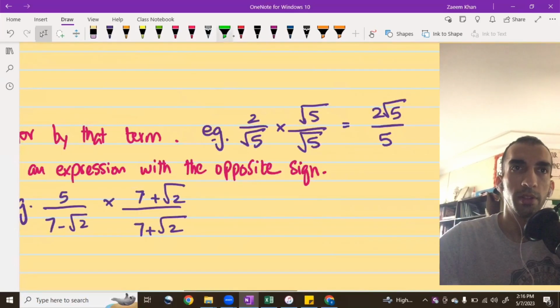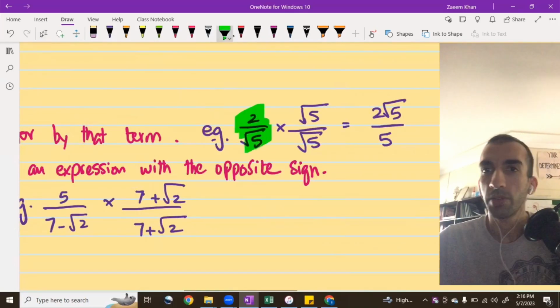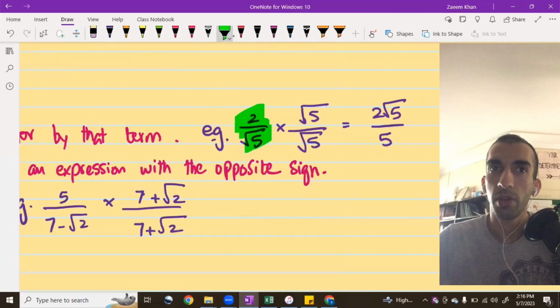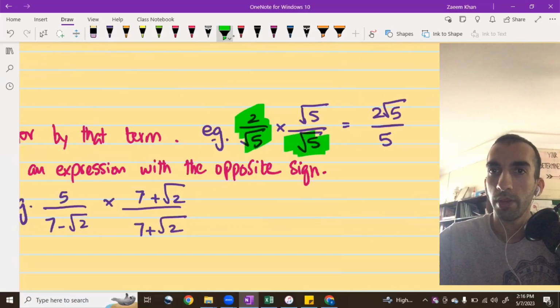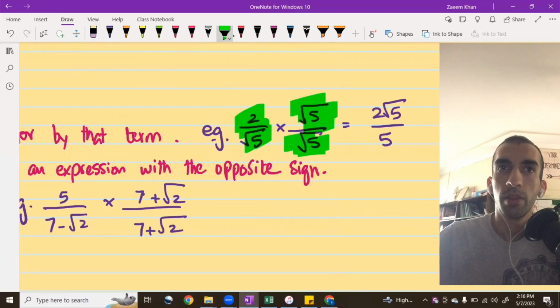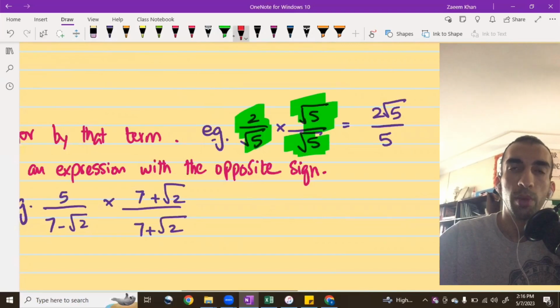So, for instance, the question looks like this, and you're supposed to get rid of the square root sign in the denominator. What you're going to do is multiply by the same number in the square root sign in the denominator and in the numerator as well. If you remember, we just did an example. Let's do it again. Can we write square root of 5 like this?